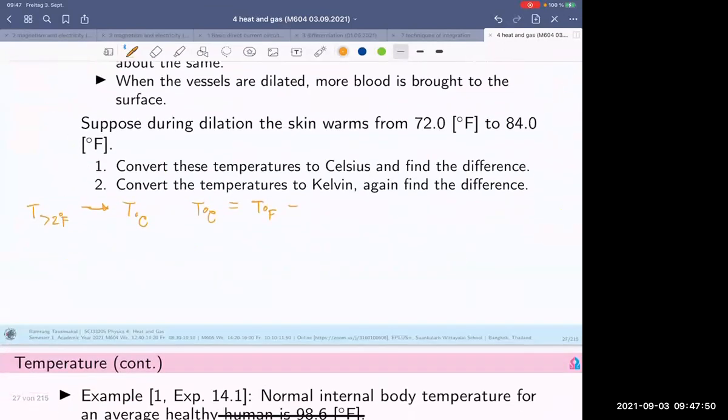So 5/9 times 72 minus 32, and it's going to be 5/9 times 40.